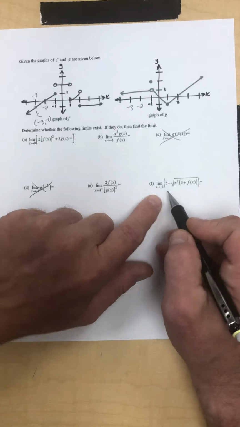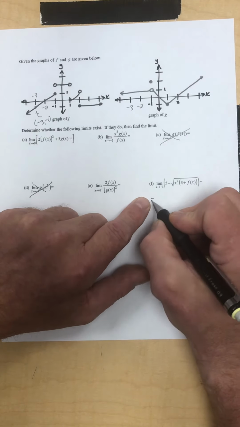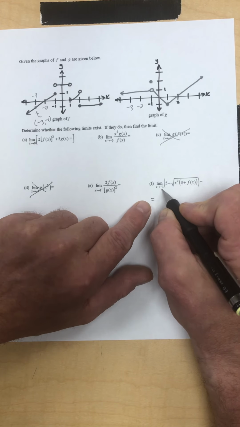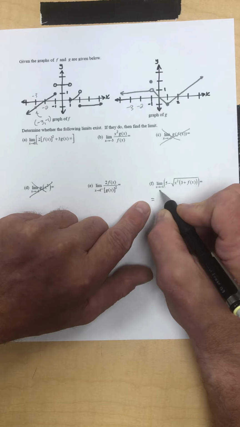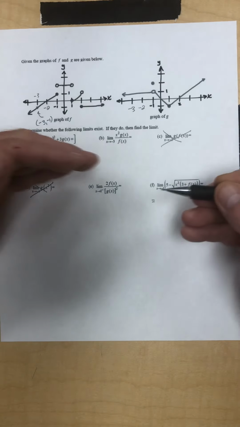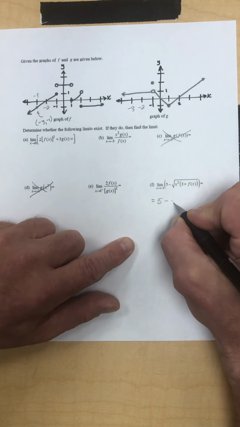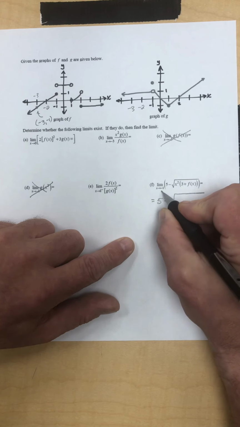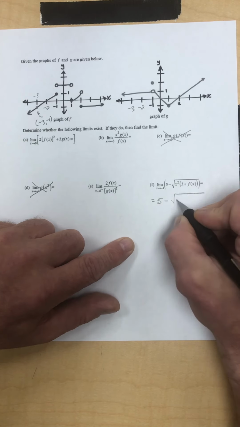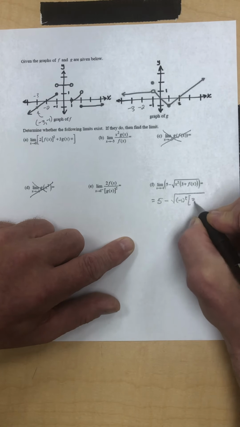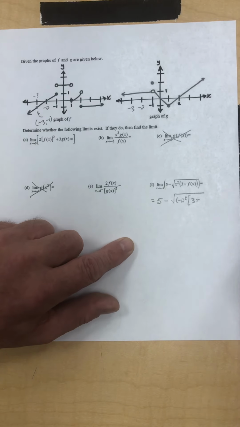So we're approaching -1, and notice the negative sign comes before it, so we've got to worry about approaching from the right and the left. So we have 5 minus, as x approaches -1, x squared becomes -1 squared, and then we would have 3 plus, what's going on with f?